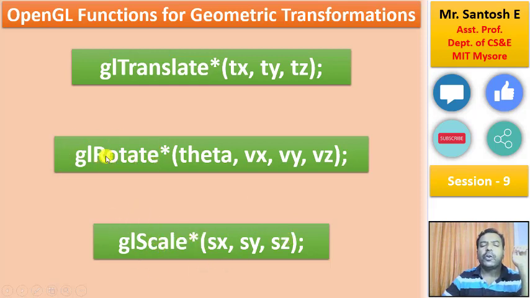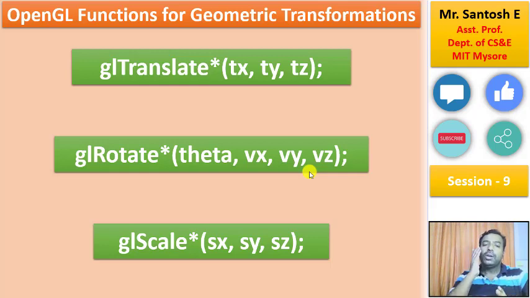Hence this is just straightforward. And we are going to have glRotate now, which takes 4 parameters. So remember, it takes 4 parameters now. If you remember, in all these sessions whenever I discussed rotation, I was just saying R of theta.